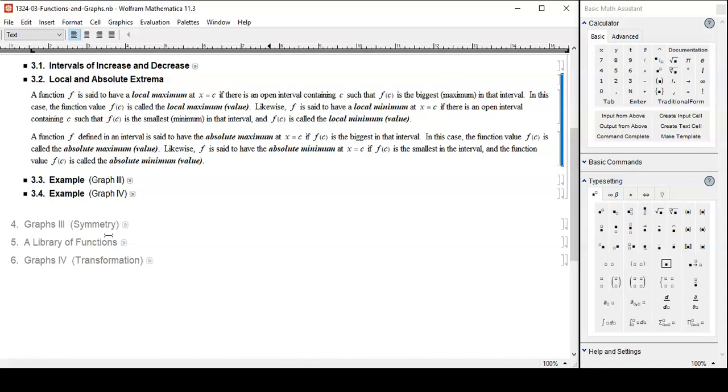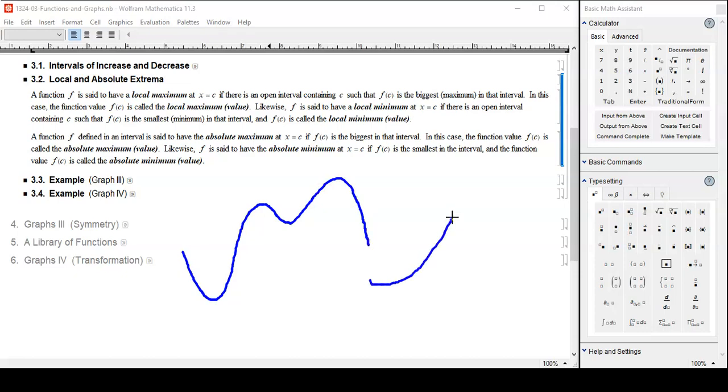So it goes like this. For example, if you have a graph like this, let me make things up. These kinds of points are local maximum.